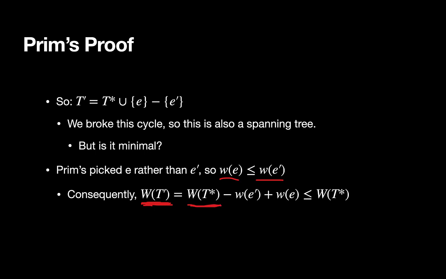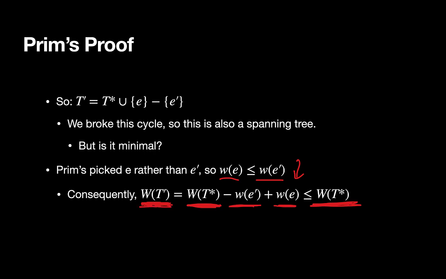It has to be the weight of our minimal spanning tree, T star, minus the weight of the edge we removed, plus the weight of the edge that we added. Okay, and we know that the thing that we added was at least as good, if not better, than the thing we removed. So overall, we could have only improved this. Again, this is partly because we're assuming non-negative edge weights.